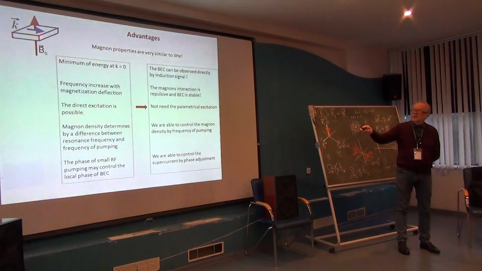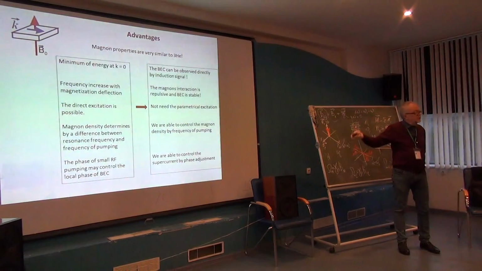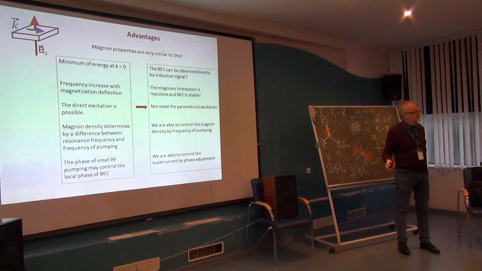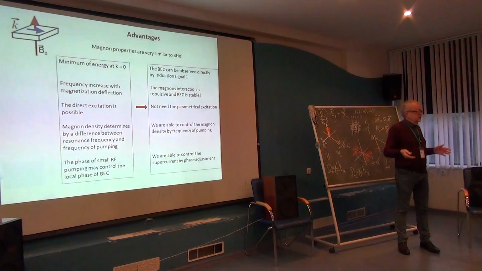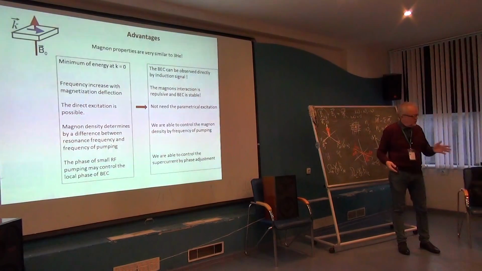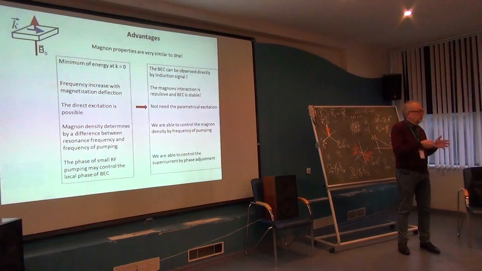But if we put the magnetic field vertical, then the minimum of energy corresponds to K equal to 0, and we have exactly the same properties as in other Bose condensates. So it is a homogeneous precession, and as a result, we have an integrated signal: not an oscillation of magnons flowing through, but a huge signal from all the magnetization deflected by big angles.